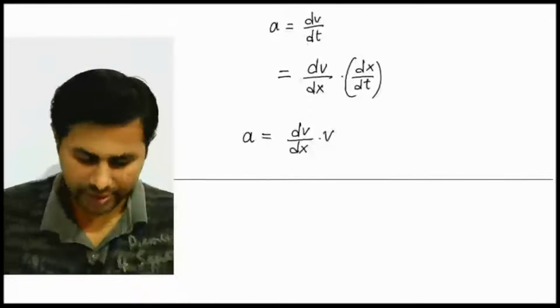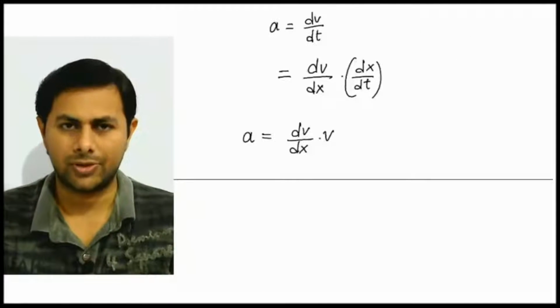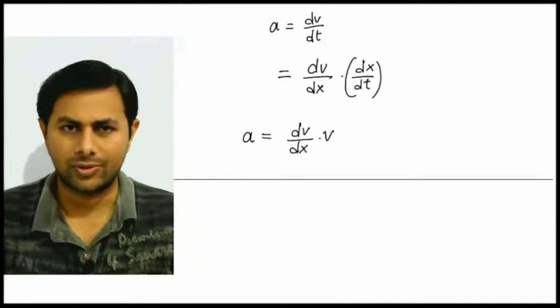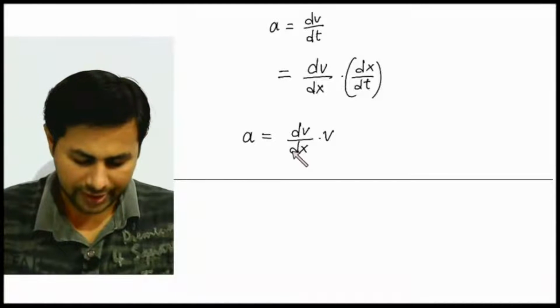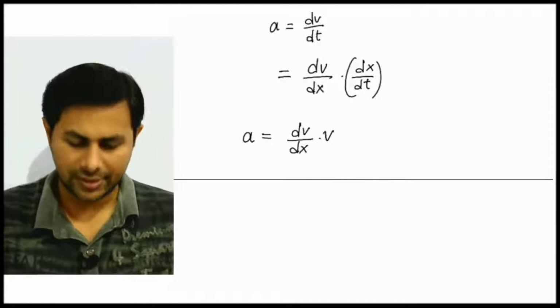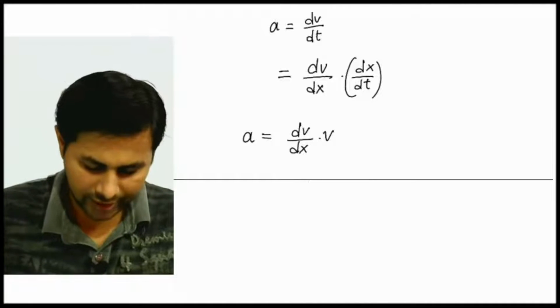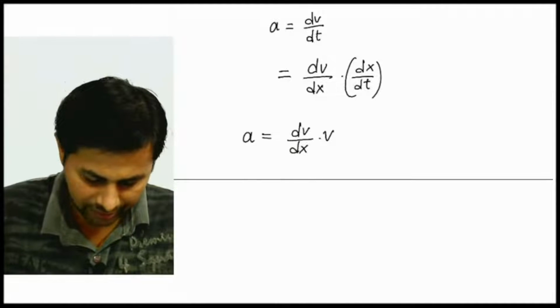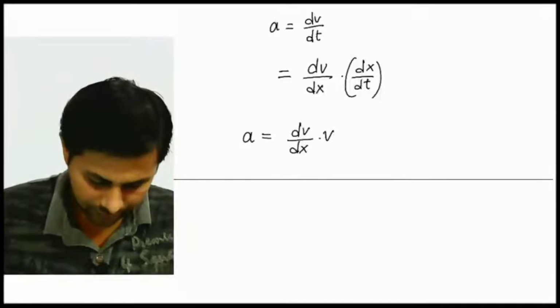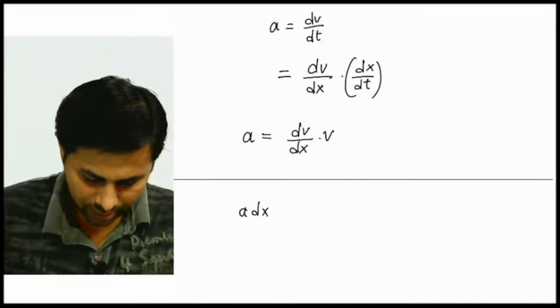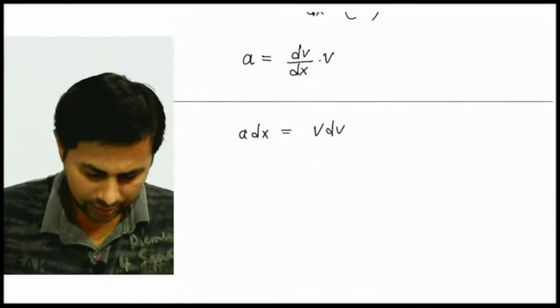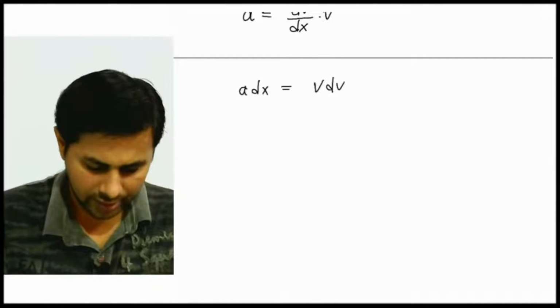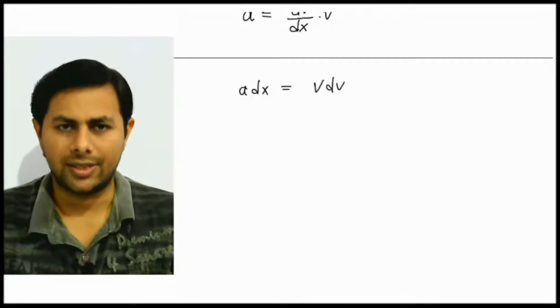Now as we wanted two variables, velocity and position, we got those two variables, the relation in terms of those two variables. So now we can separate them. So we can take this dx on left hand side. So doing that, we get a times dx equals v dv, and after that now we can integrate.